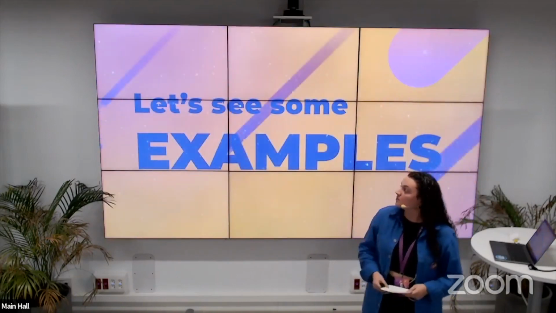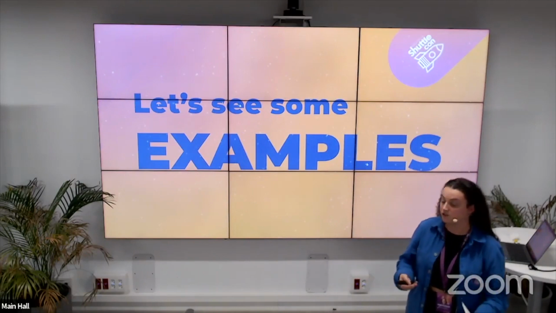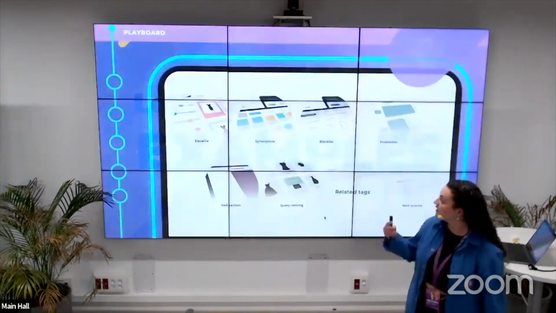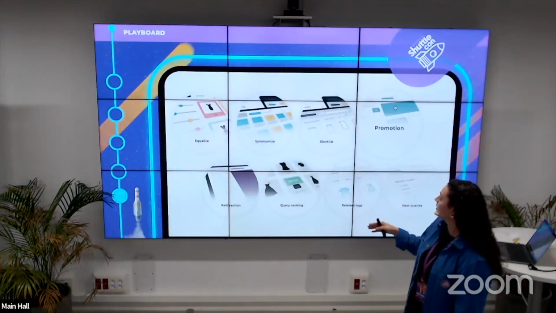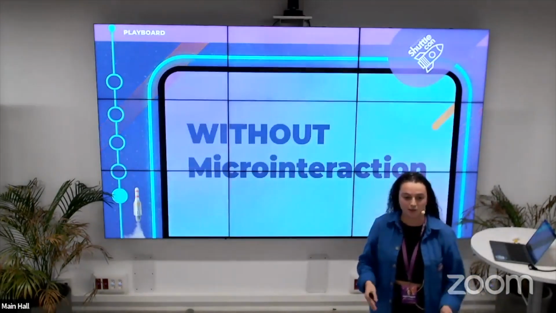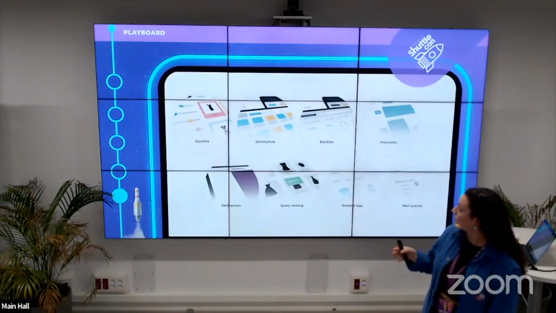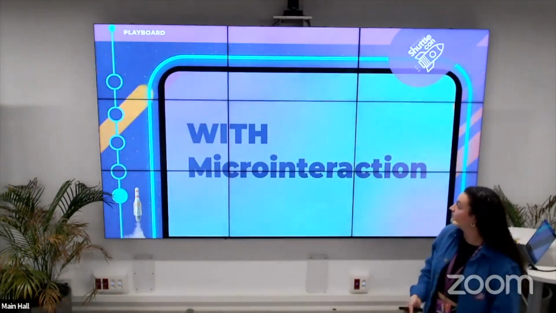Now we are seeing some examples of microinteractions in Empathy that improve the user experience and make our product more usable. In the first example, we can see a landing page with several options that can be selected to redirect us to a specific page of the flavor. In the video, we can see the difference between having the microinteraction or not having it.